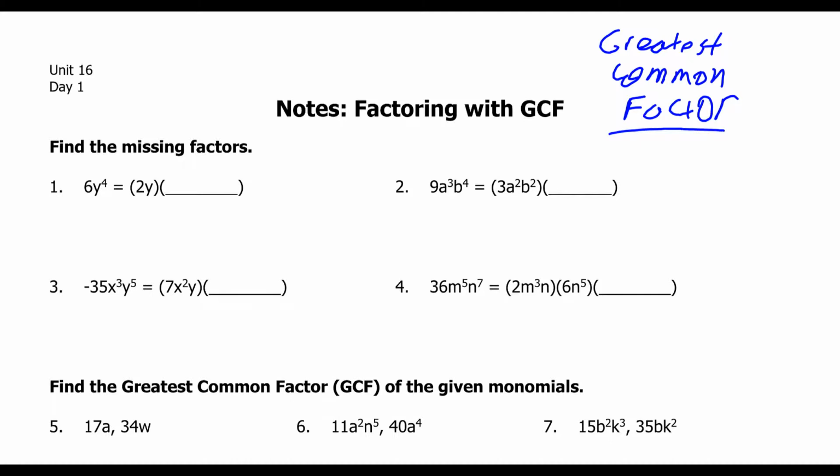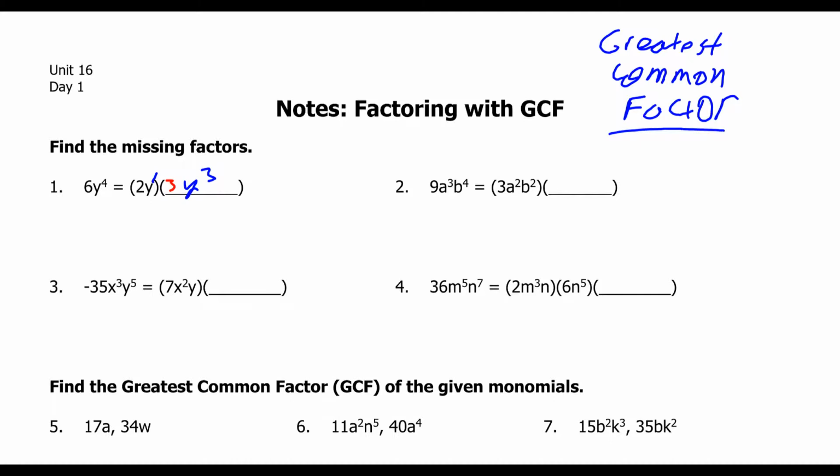So, number 1, it asks us to find the missing factors. Now, we all know that 2 times 3 is equivalent to 6. Now, y times y to the third is going to be y to the fourth, okay? If you don't remember, we're supposed to add exponents whenever we're multiplying things together.